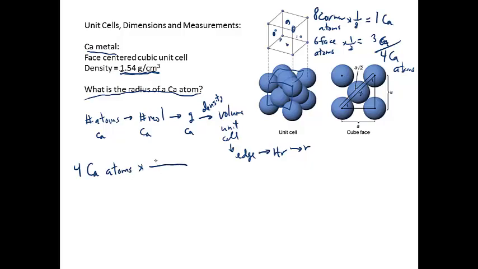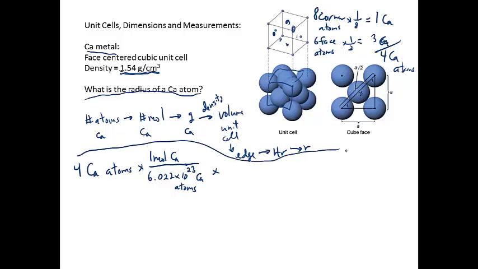So we have 4 calcium atoms times 1 mole of calcium over 6.022 times 10 to the 23rd calcium atoms. That gives us moles of calcium. Then we can use our periodic table and relate moles to grams.